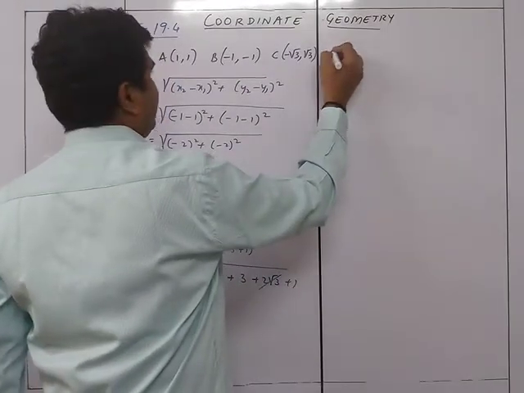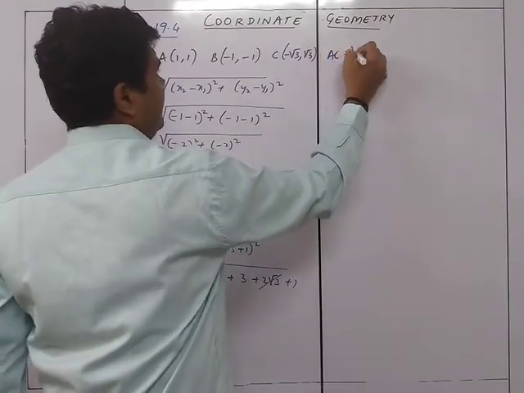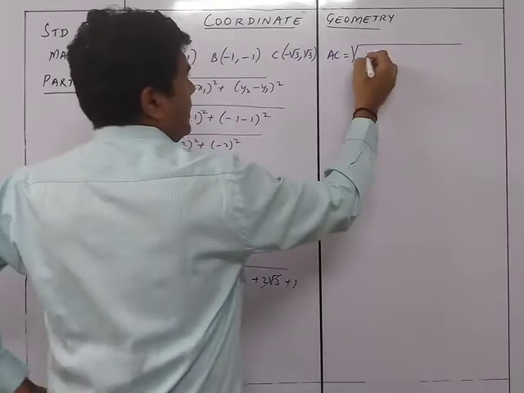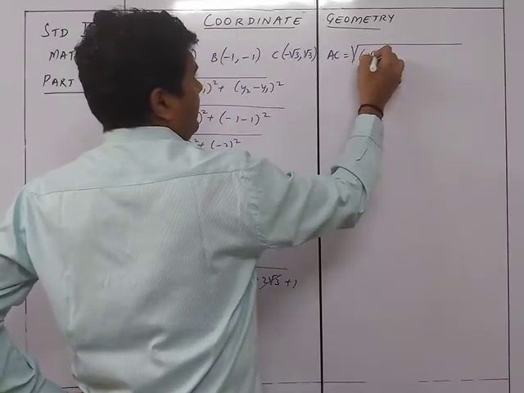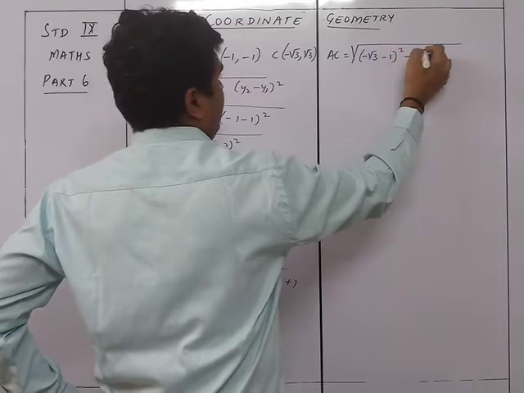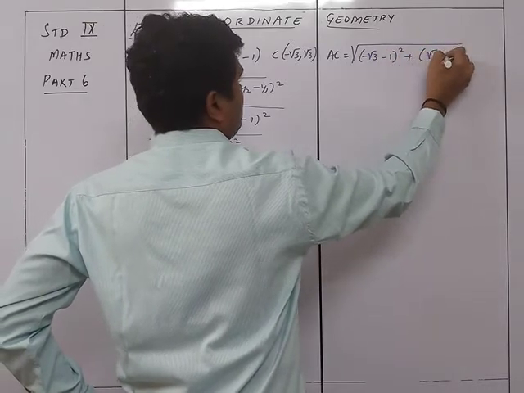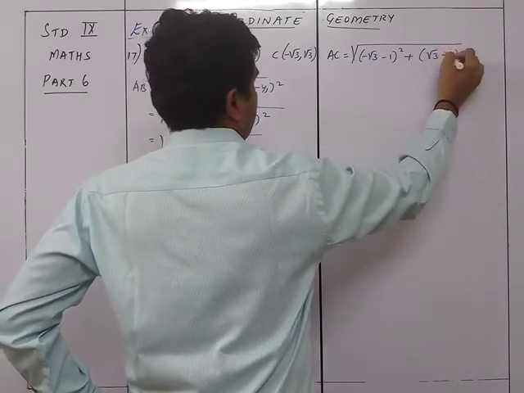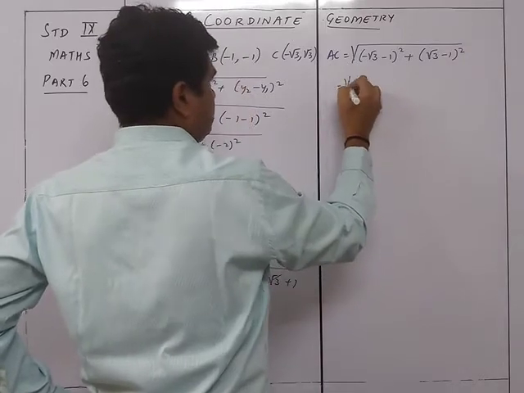Secondly, what we require is AC. AC is equal to minus root 3 minus 1 the whole square plus root 3 plus 1 minus 1 the whole square.